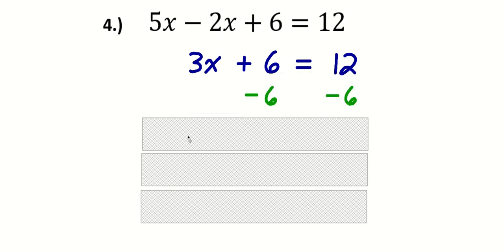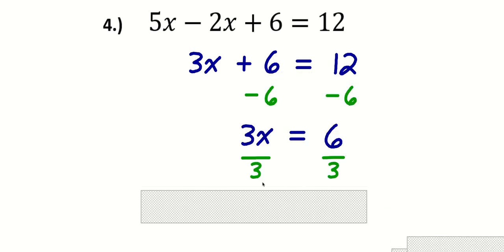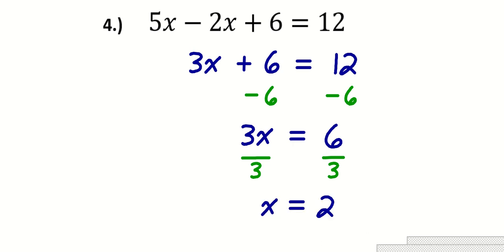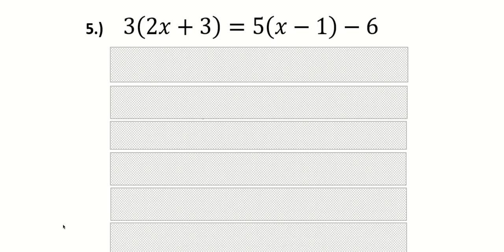Gotta do this next. Then divide both sides by 3, and you get a final answer of x equals 2. Pause the video if needed, but moving on to number 5, which is not the last one. There's 2 more.